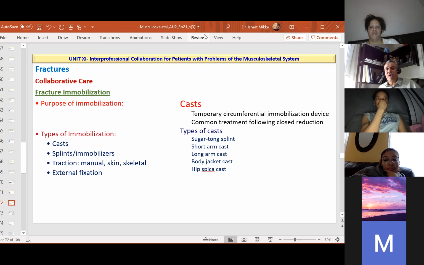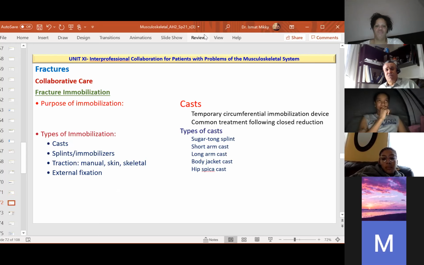After that, we have to apply some type of immobilization. Otherwise, without immobilizing the fixed fractured bone, you cannot guarantee that it won't go back to its displaced form again.